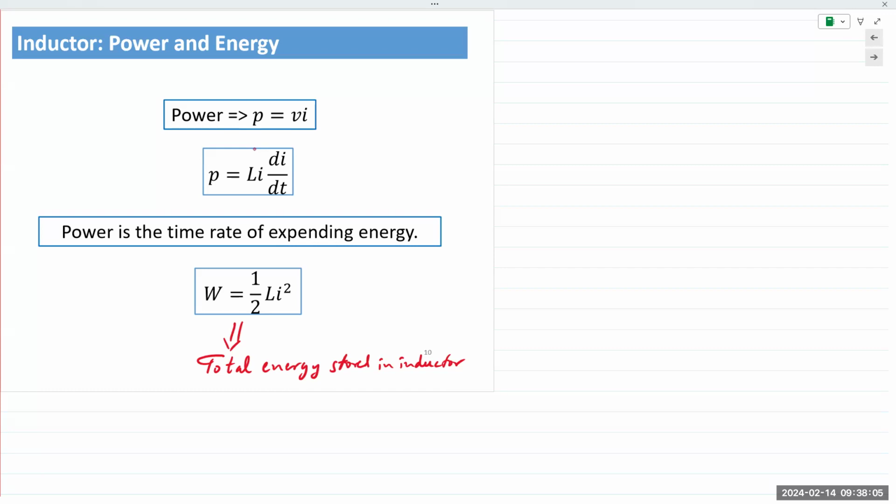Here we have voltage is equal to L di over dt. For a capacitor, it's the opposite: I is equal to C dV over dt. But that's it for the equations for an inductor. We have voltage, current, power, and energy. Voltage, current, and power are the three main equations we care about.